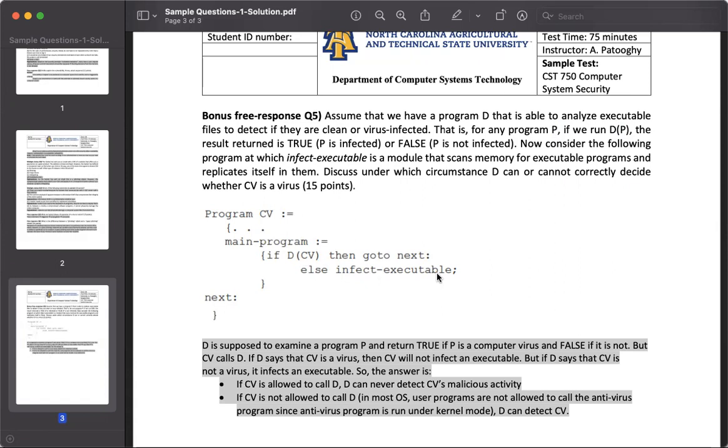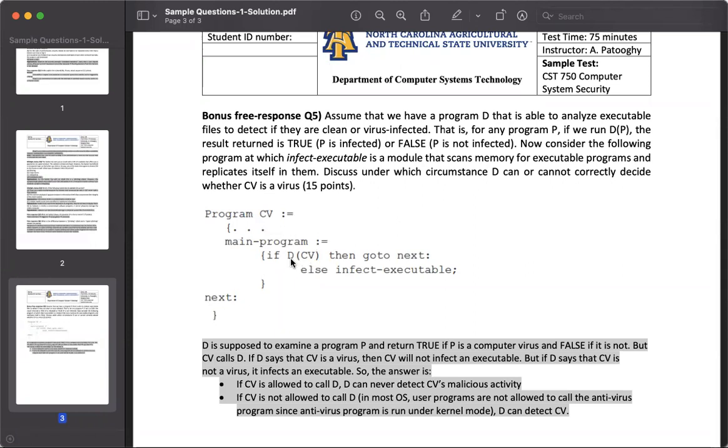It infects some executable files. So basically it is a virus that tries to propagate. But the way it works, it first checks if D is capable of finding CV's malicious activity. This is what CV is doing: CV calls D to see if D is capable of detecting CV as bad.